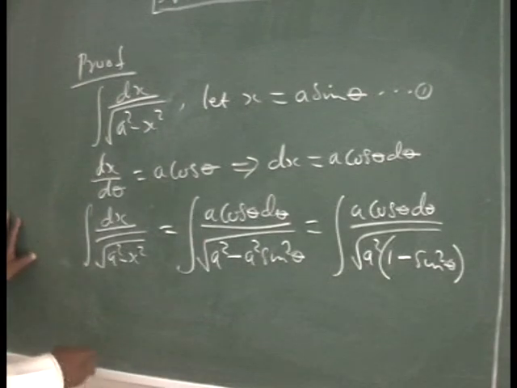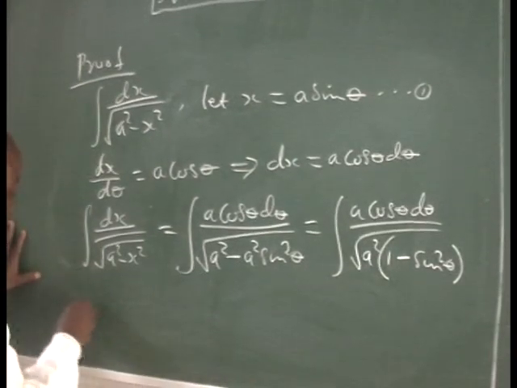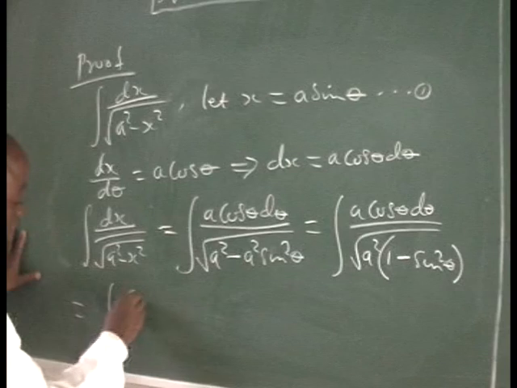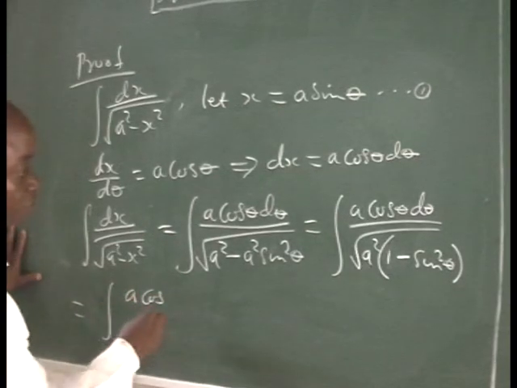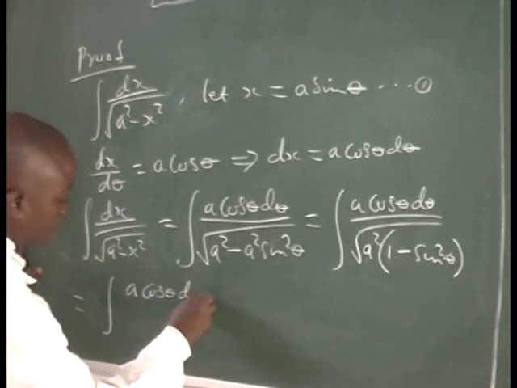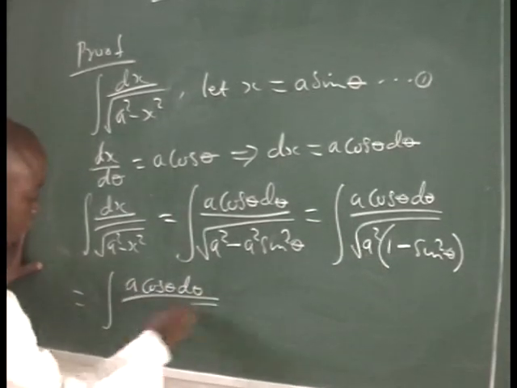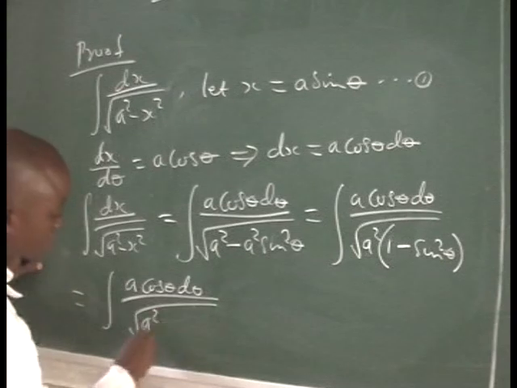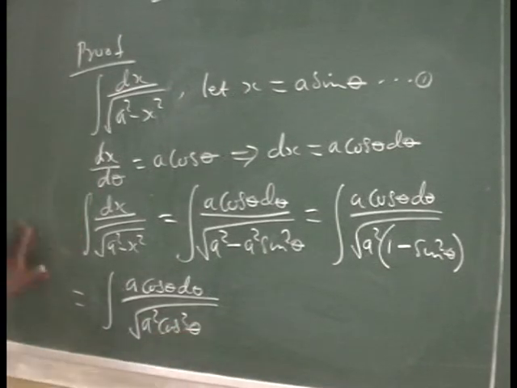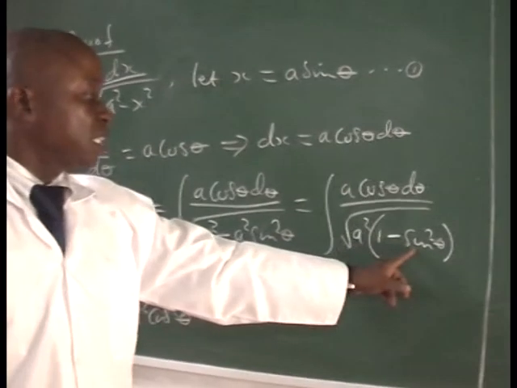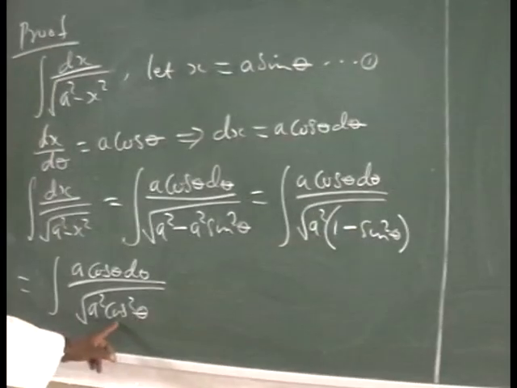And we know that this will be the integral of a cos theta d theta all over the square root of a squared, then we have cos squared theta, because 1 minus sine squared theta will give us cos squared theta.